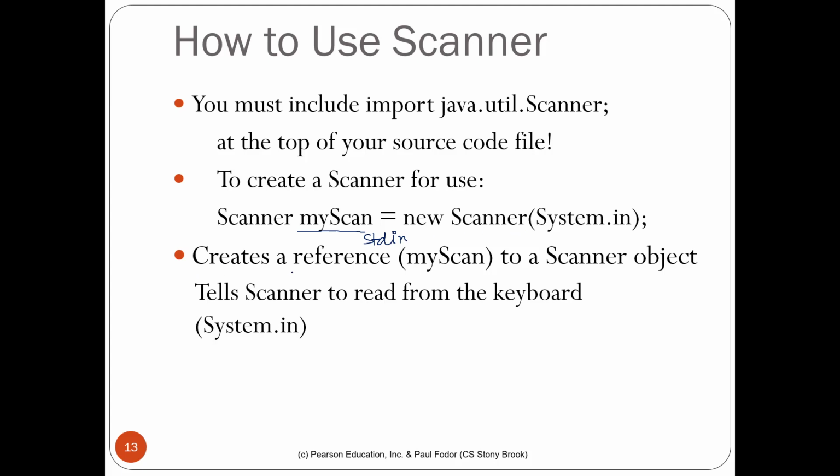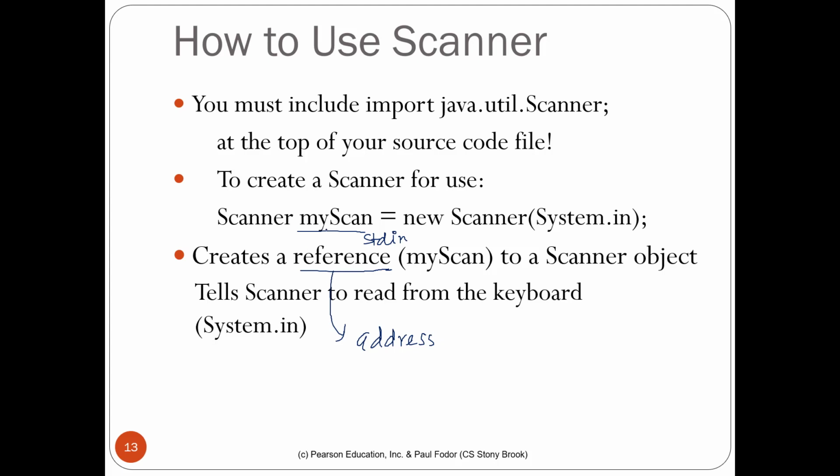What will happen? It will create a reference to a Scanner object, right? So reference is an interesting thing. Reference means address. There are two kinds of data types in Java, I should say: we can declare data types as primitive or reference.